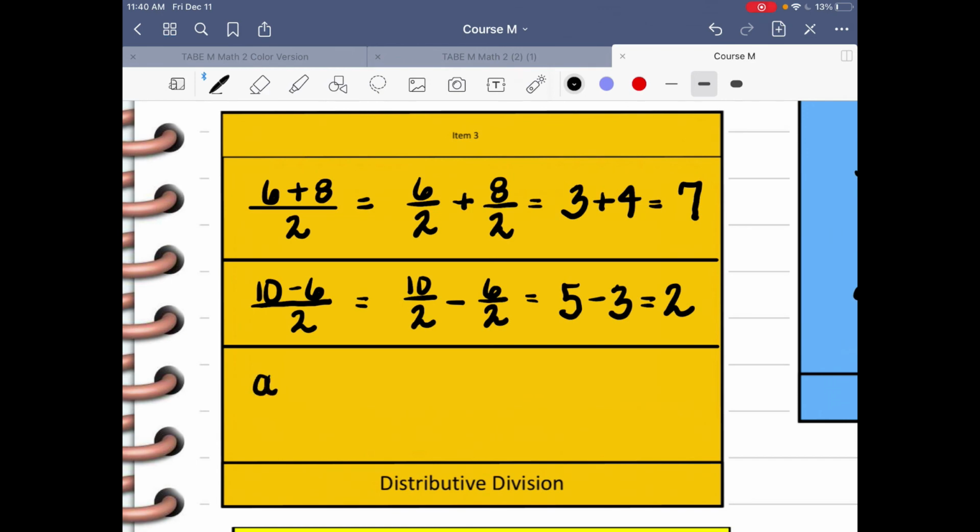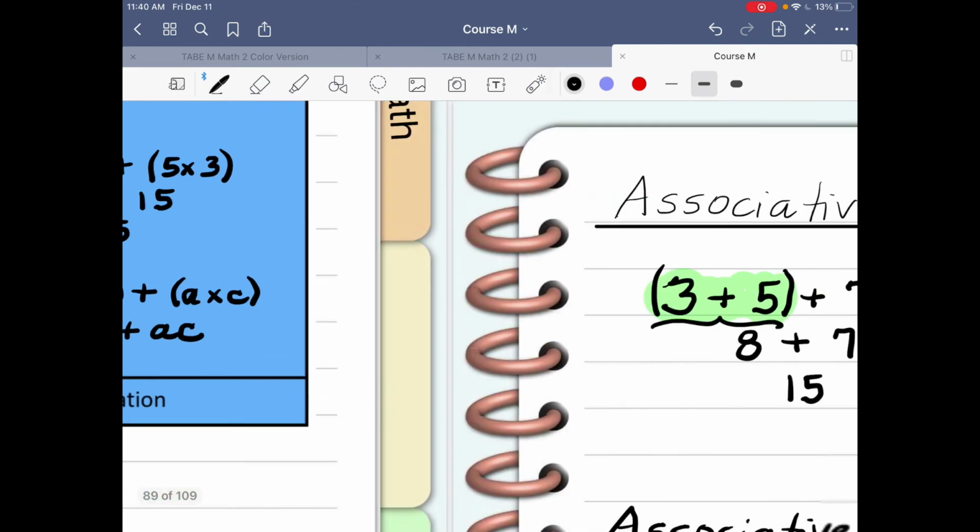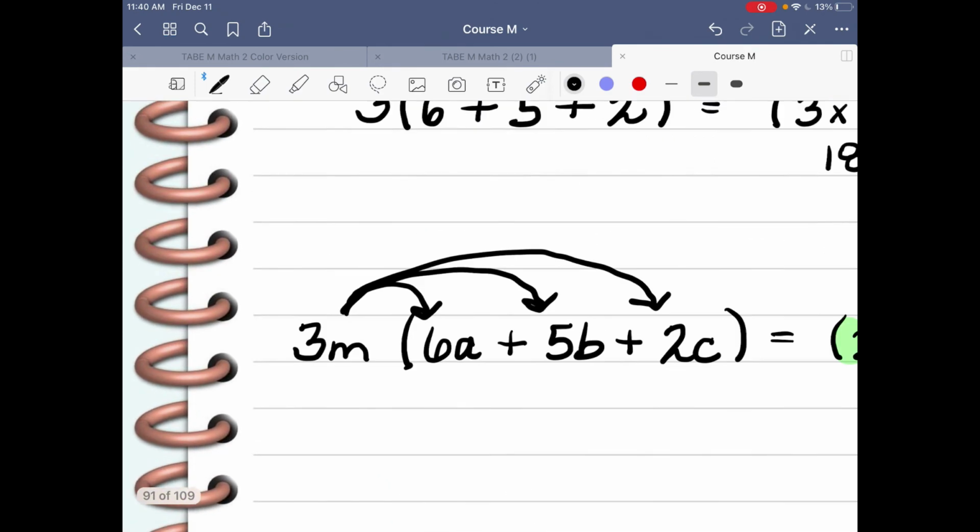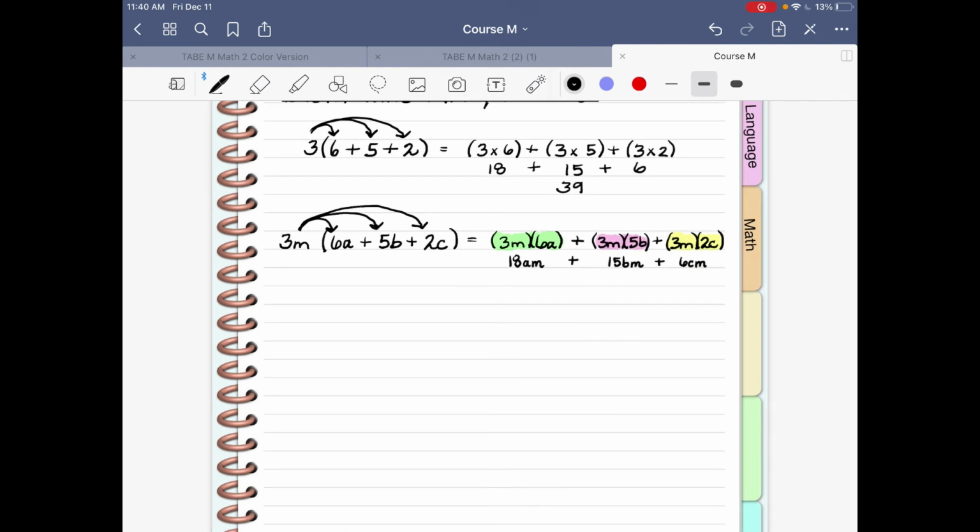Let's do (A minus B) over C. So we could break that up to get A over C minus B over C. But that's as far as I can go because I don't know what to substitute for my variables. This is called distributive division. And let's look at some examples. I'm going to do 2 examples for this one also. So here is distributive division.